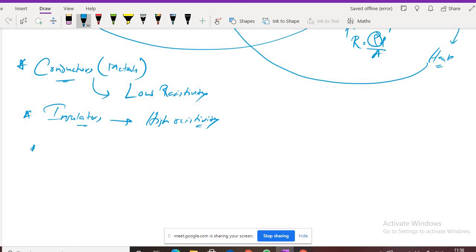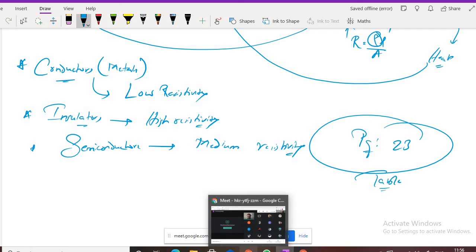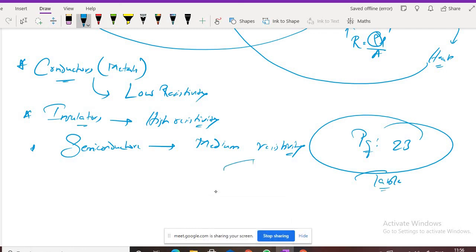And there is another thing called a semiconductor. Semiconductors have medium resistivity. In your Ashchan book, on page number 23, you will get a table where all the resistivities are mentioned properly. Understood this much?